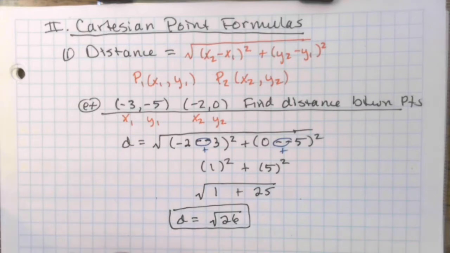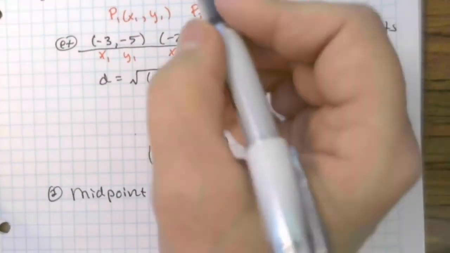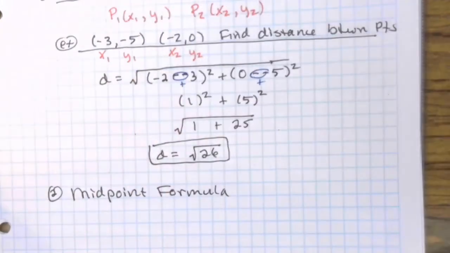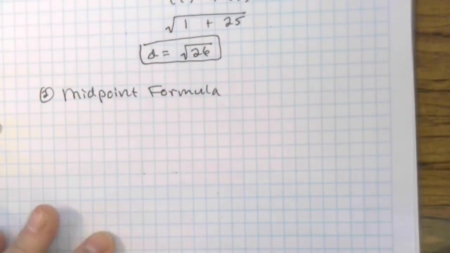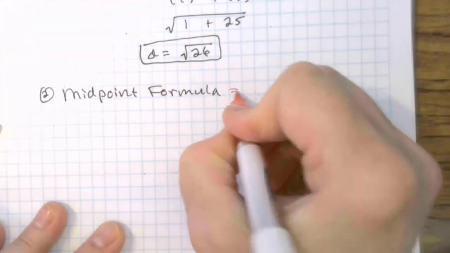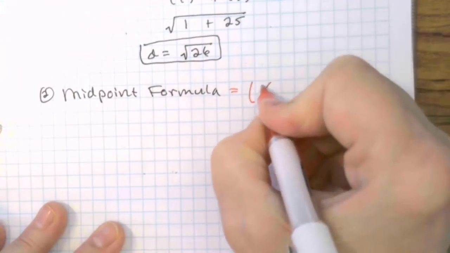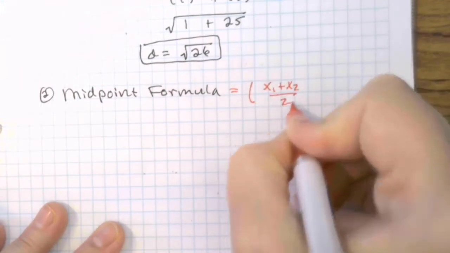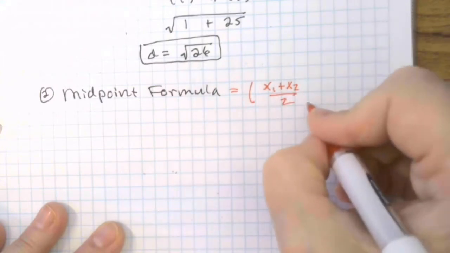Okay, number 2, midpoint formula. So midpoint formula, the actual equation is x sub 1 plus x sub 2 divided by 2. That gives you your x coordinate.